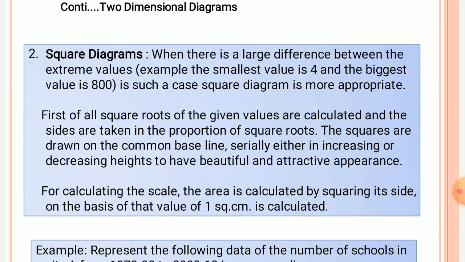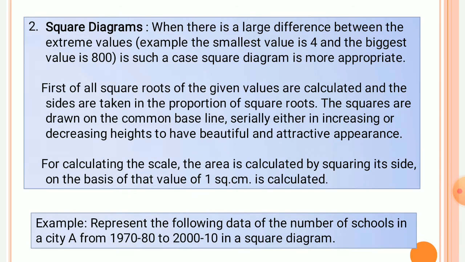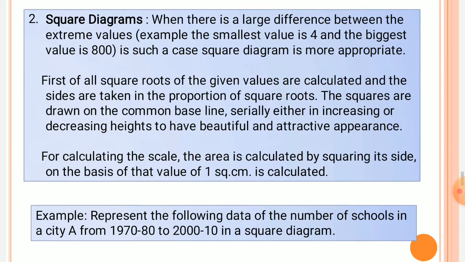So the square diagram is used for representing statistical data, and it is one of the two-dimensional diagrams. First of all, the square roots of the given values are calculated and the sides are taken in the proportion of the square roots.